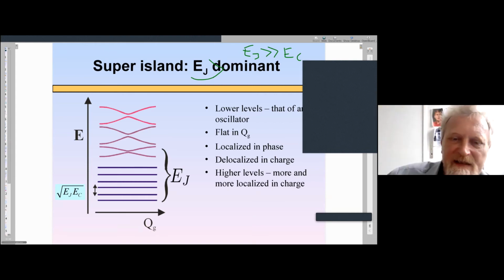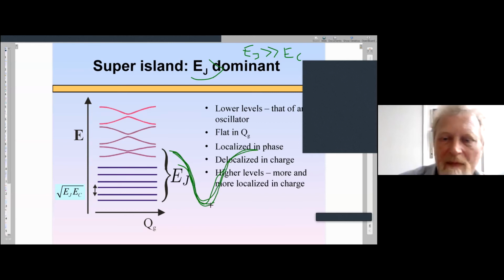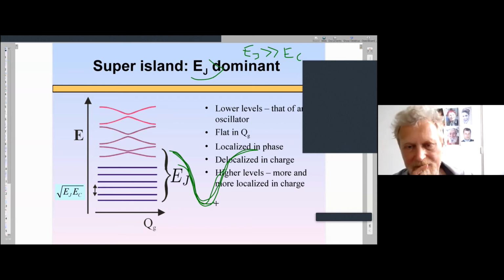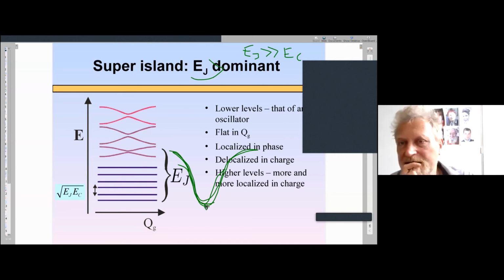Let me first sketch over here the profile of the cosine potential. High potential. And if I keep it infinitely high, the particle would have a chance to live only here, at least in the ground state.